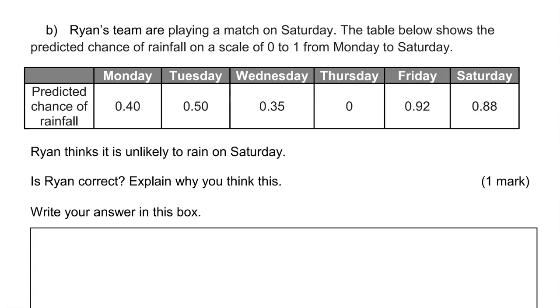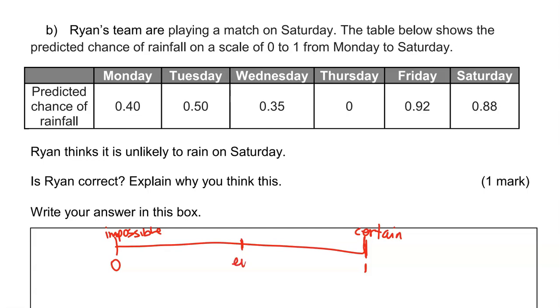So if I show quickly on a number line, that would be 0, which is impossible. And then we have 1 here, so 100%, and that would be certain that it happens.